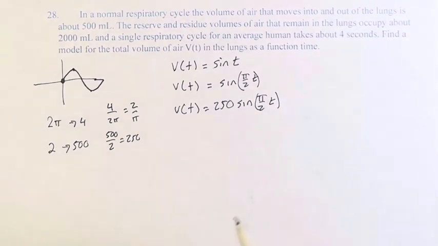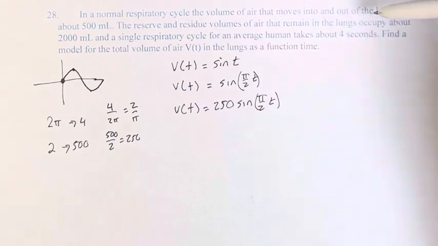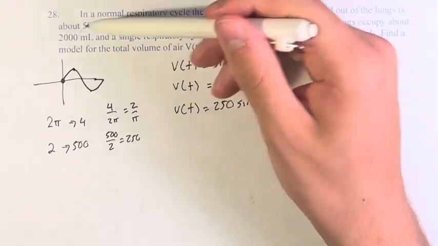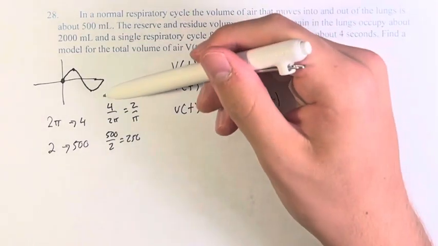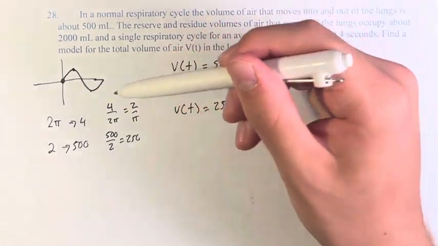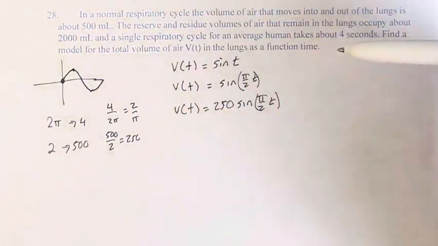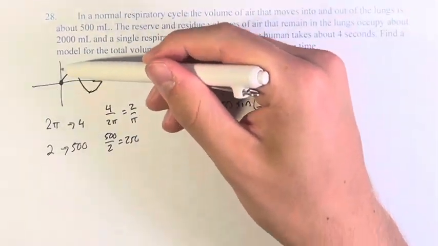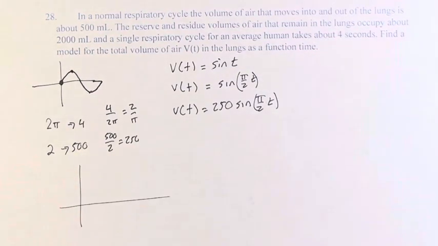And finally, we have the vertical shift up. So the reserve and residual volumes of air that remain in the lungs occupy about 2,000 milliliters. That means that the minimum value that we could have is 2,000. So when we are going from our function, which has been stretched accordingly, right?